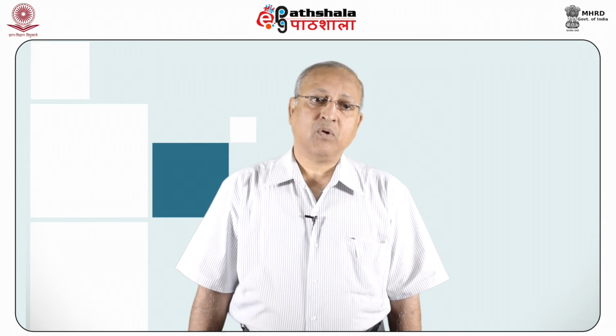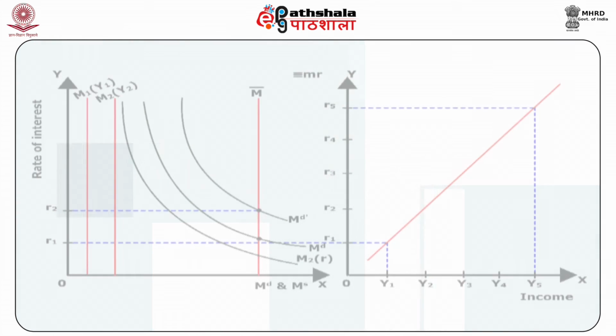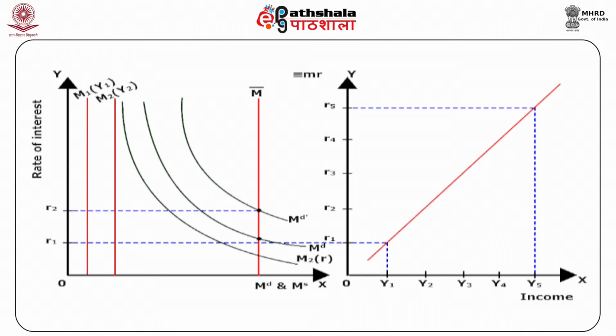First of all, let us look at the money market. In the money market, with a given level of income, let us say Y1, we have a certain level of money demand due to transactions and precautionary purposes. This would be M1 Y1, and at M1 Y1 the total money demand function is equal to M1 plus M2.